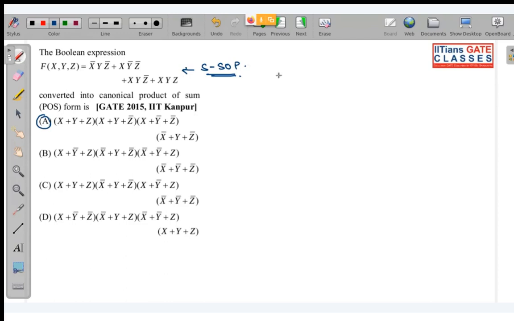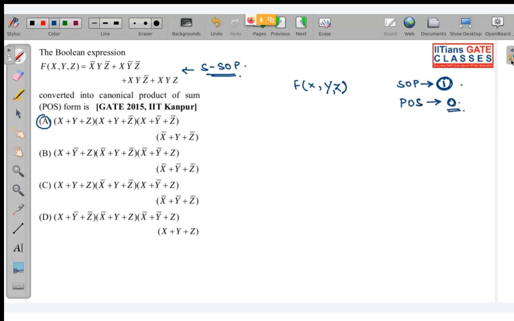First, whatever is given, like f of x, y, z, you take its complement. SOP means, if you go and check, in SOP more importance is given to 1, and in POS more importance is given to 0.